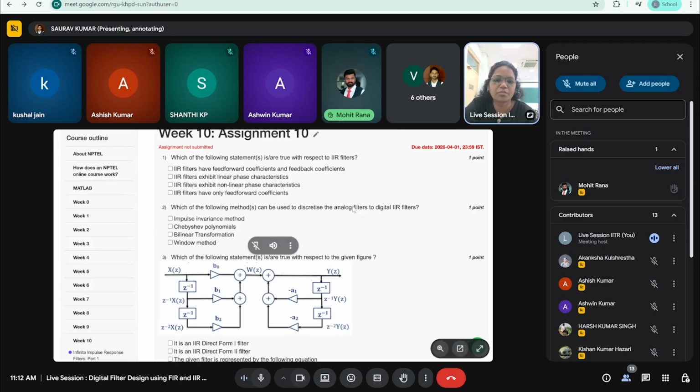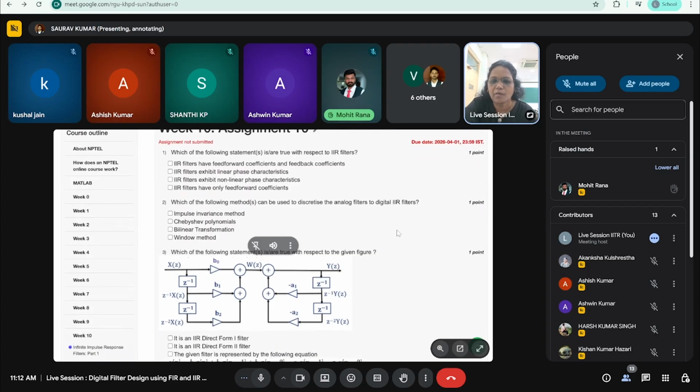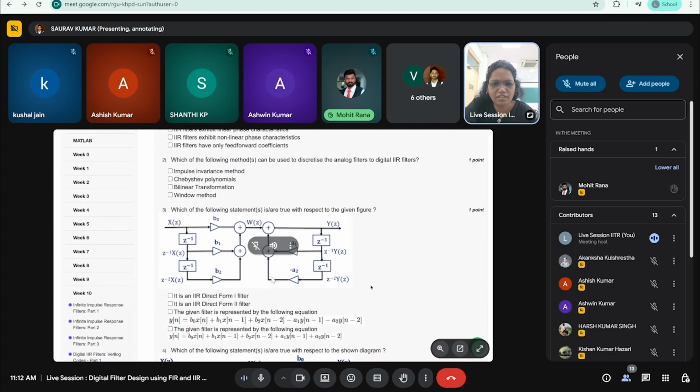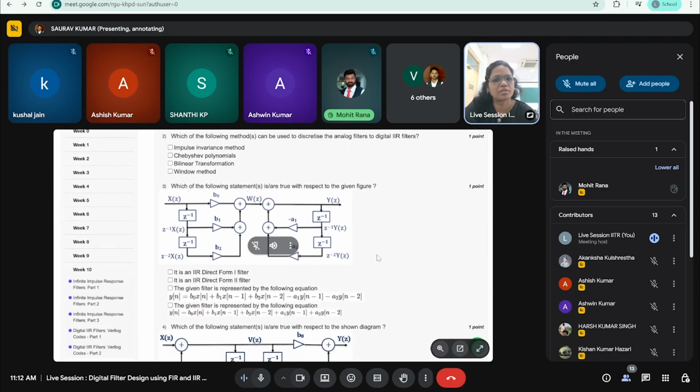Which of the following can be used for digital IIR filters, that's the discretization process. Also, the structure of the digital IIR filter is given. IIR has the feedback coefficients as well, not only feed forward coefficients. So which of the following is correct related to the IIR filter?